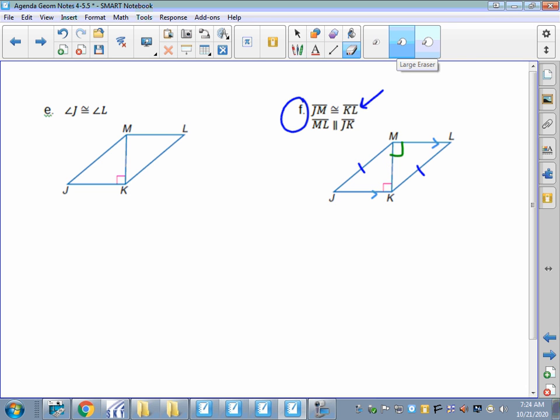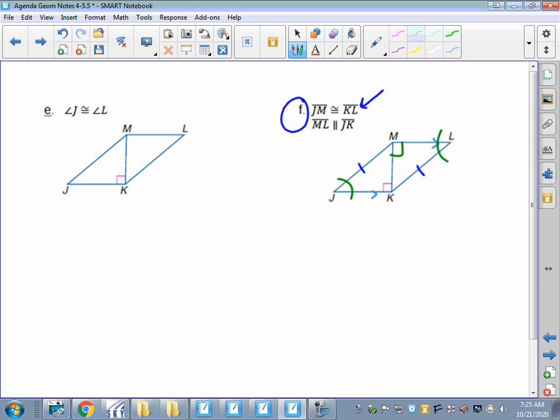If I didn't do that, reflexive property, I could be real sneaky about this, and this is why I wanted to make sure I mentioned it. I could say, well, I could have some alternate interior angles here. I could say, because technically JM would have to be parallel to KL as well, that these two angles are congruent. And then I could go ahead, because I've got right triangles, I end up with a second pair of parallel lines.